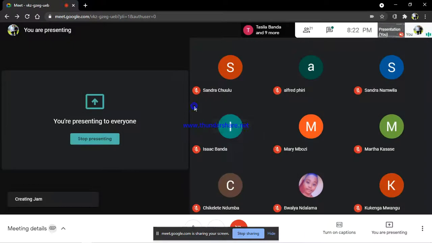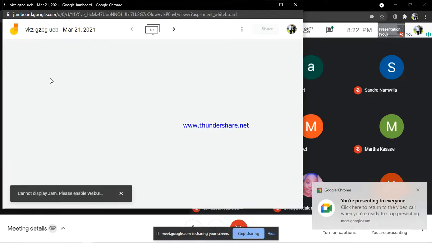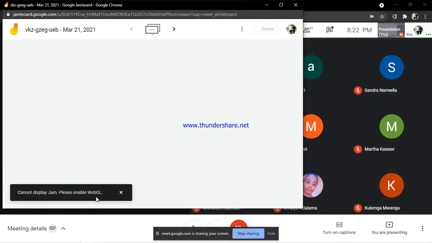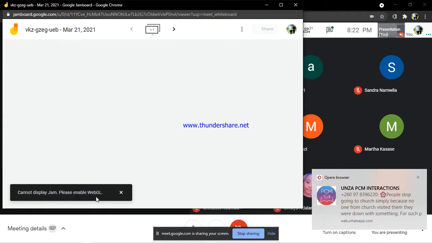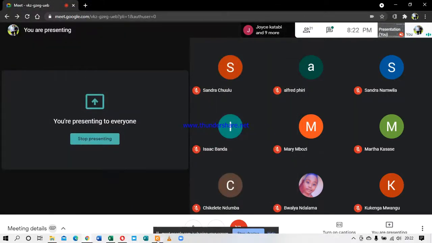If there's anyone, please assist us. It says cannot display Jamboard, please enable WebGL. Does anyone know how to solve that? I want to show you something, because I only have 8 minutes remaining. Please. Okay, there's no one. Let me get back to the book then.